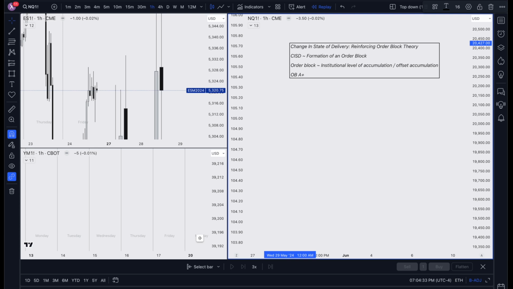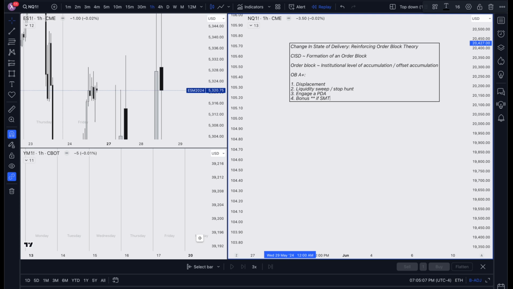We want to see some displacement. We want to see a meaningful level of liquidity being hunted, a sweep or a stop hunt, and we want it to engage a higher time frame array, or you can just say a PD array. It doesn't have to necessarily be higher time frame. Bonus if it's SMC.